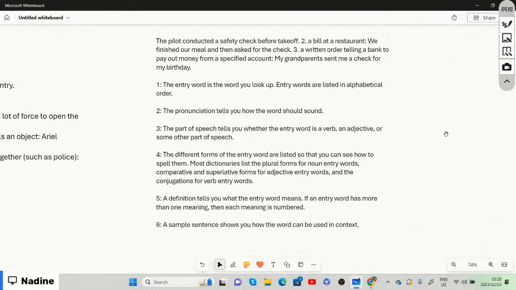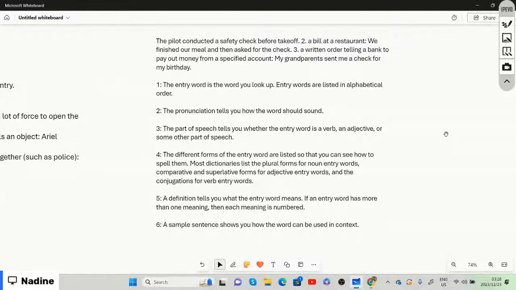And we also mentioned that a sample sentence shows you how the word can be used in context. So with every meaning, they will also give you a sample sentence to show you how the word can be used in context. Remember, I'm specifically going back to force all the time because we went over the whole meaning of force, right? The sample sentence shows you how the word can be used in context because that word can be used in many different contexts.